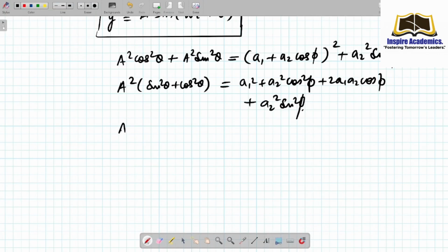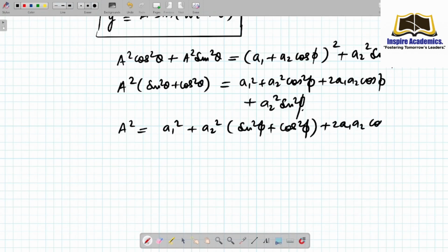Okay, so we'll get A square as a1 square plus a2 square sin square phi plus cos square phi plus 2a1 a2 cos phi. Got it? Then we can write the same thing as a1 square plus a2 square plus 2a1 a2 cos phi.